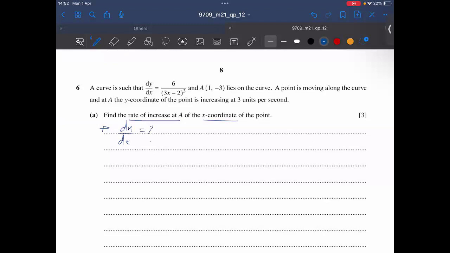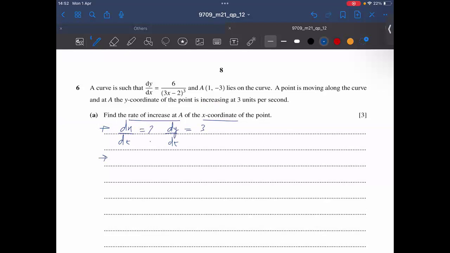And we have been told how the y coordinate is changing with respect to time, that is dy over dt, which is 3 units per second, and it's going to be plus 3 because it says that it is increasing. Now I have the equation for dy over dx.